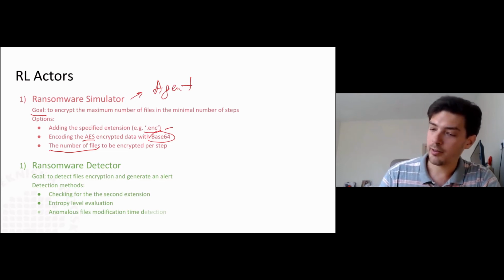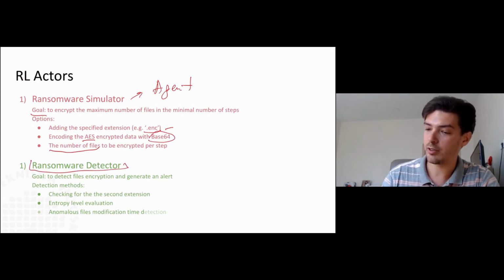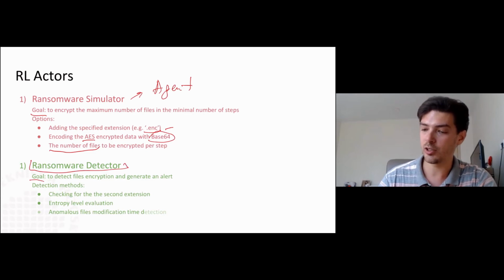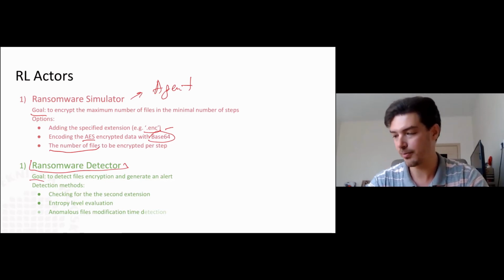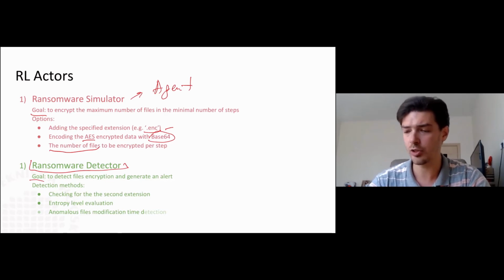On the other hand, we have another agent called the Ransomware Detector. The goal of the detector is to detect file encryption and generate an alert to the user. And in a defense solution, this module should also block the ransomware and prevent files from being encrypted.